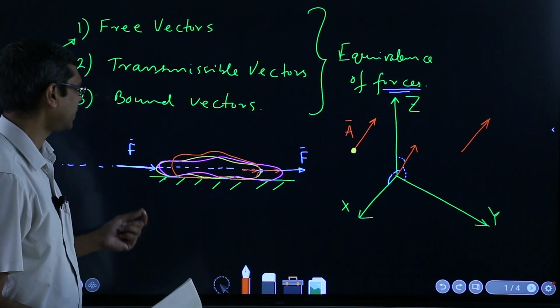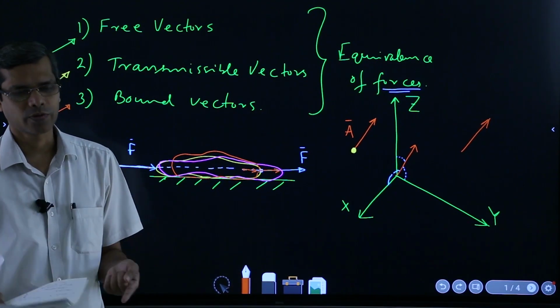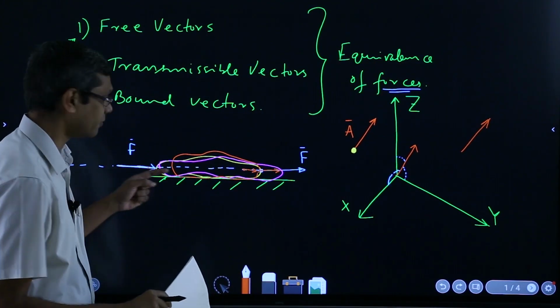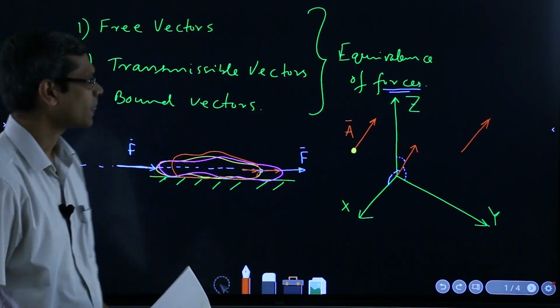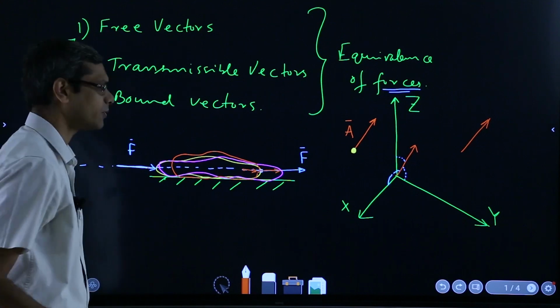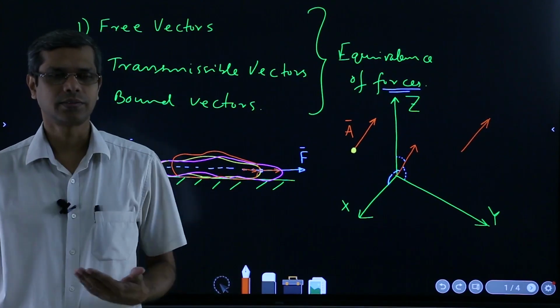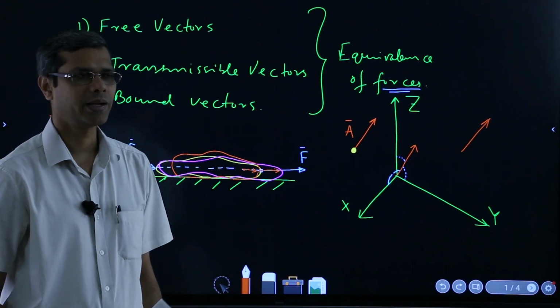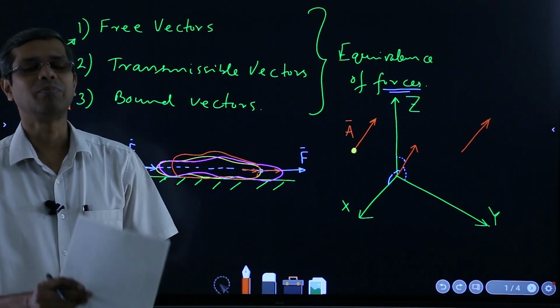That makes the force, under the consideration of deformation, a bound vector. So, these three types of vectors you should always keep in mind and use them very judiciously to simplify the system.